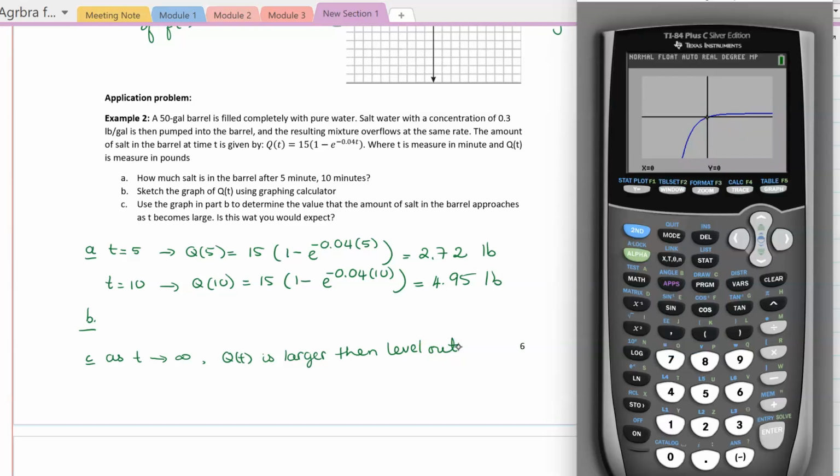So let's take a look at it. Let's do a little trace on our graph. When x becomes larger and larger, we trace on the graph.